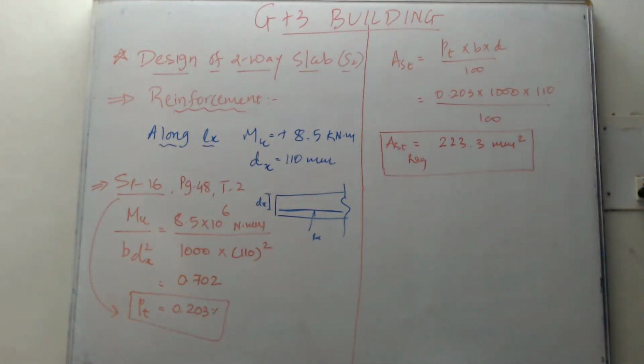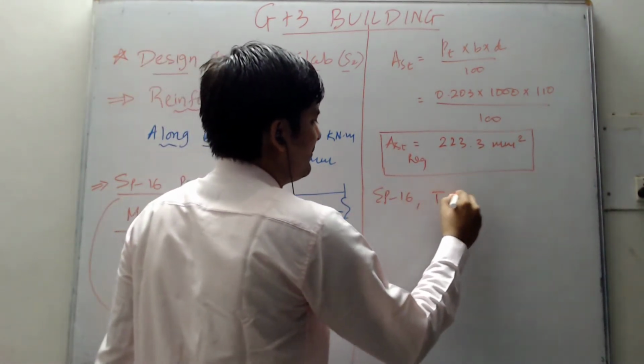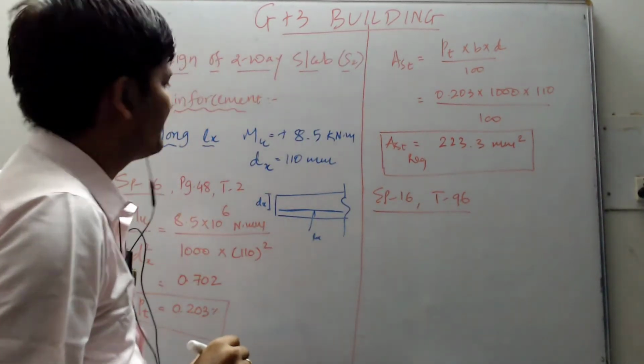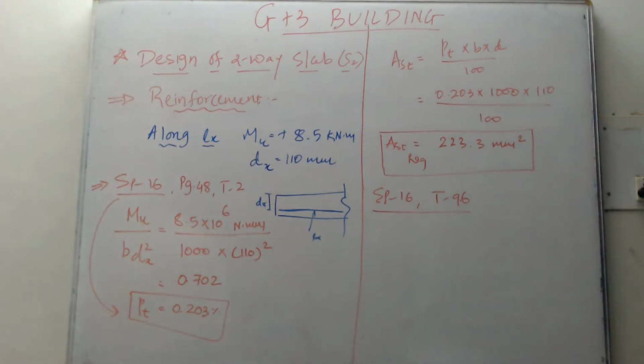So now again, to find out the spacing, we need to go to the SP16 code, and we need to go to table number 96, right? In SP16 table number 96, we need to assume a diameter of bar, and from that diameter of bar we can directly find out the spacing and Ast provided. So let me assume the diameter of bar.